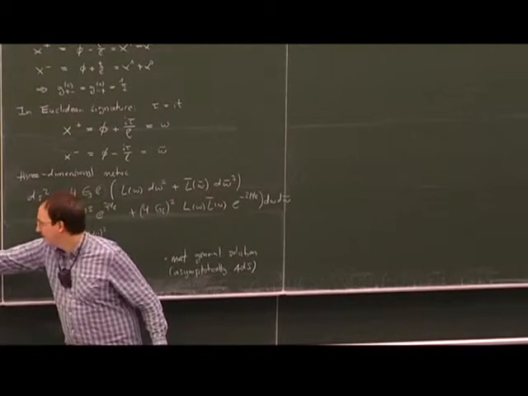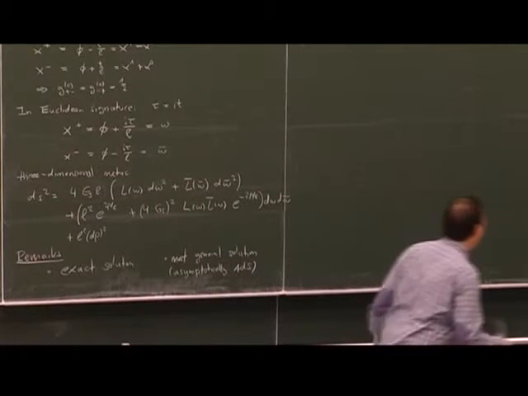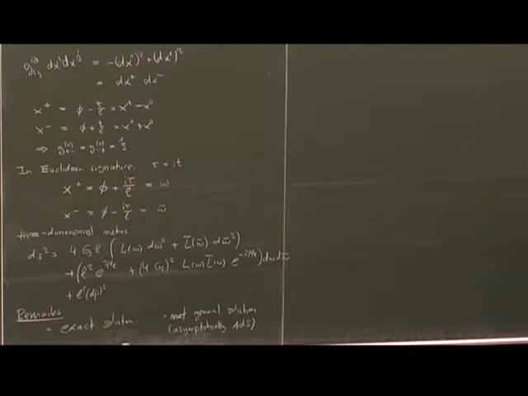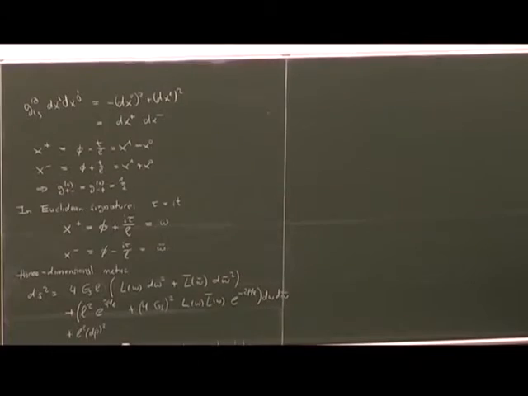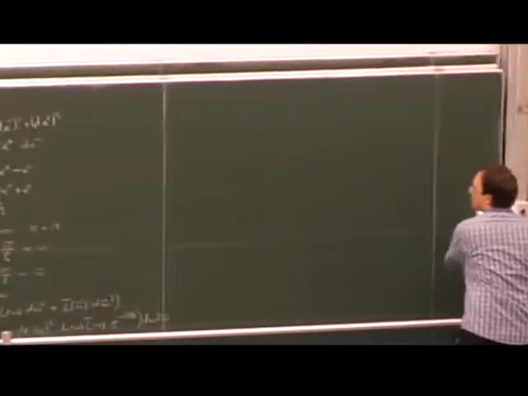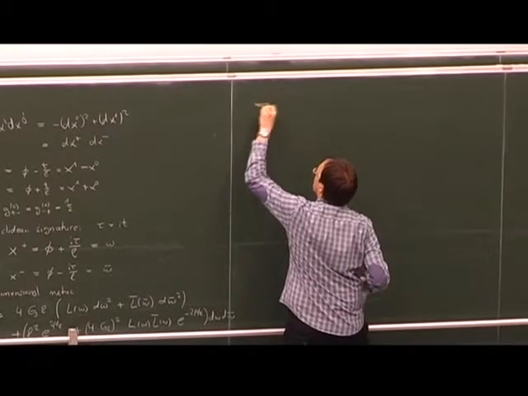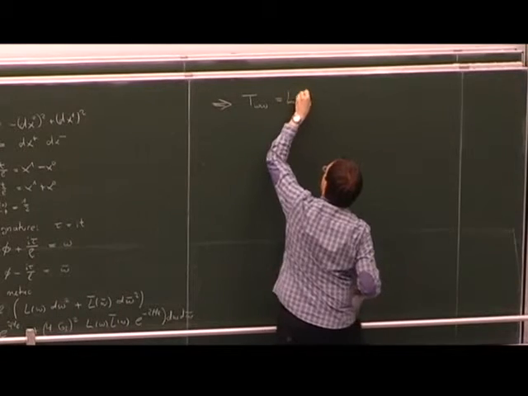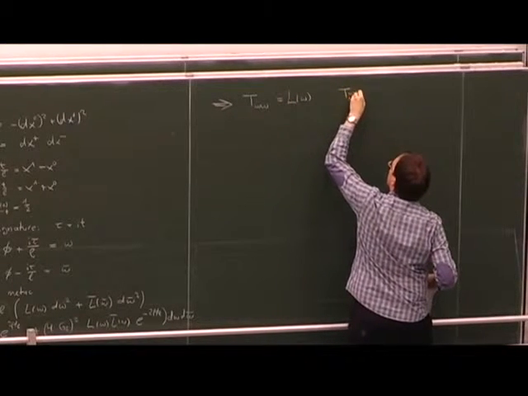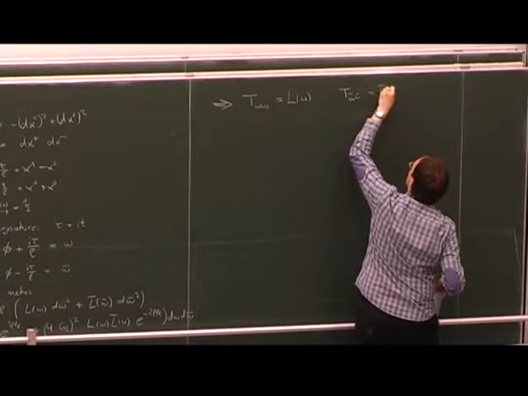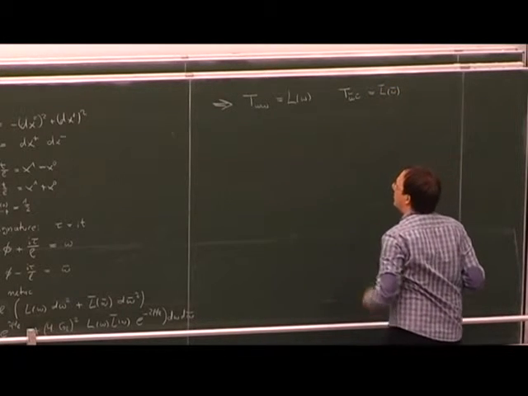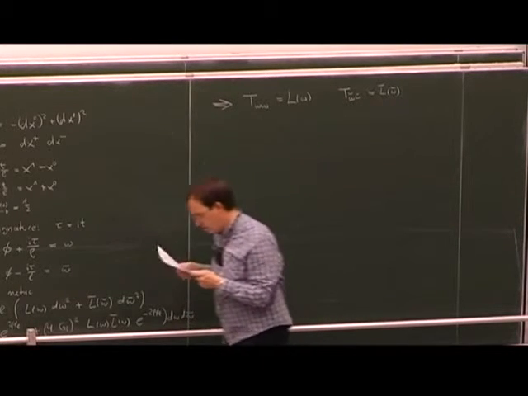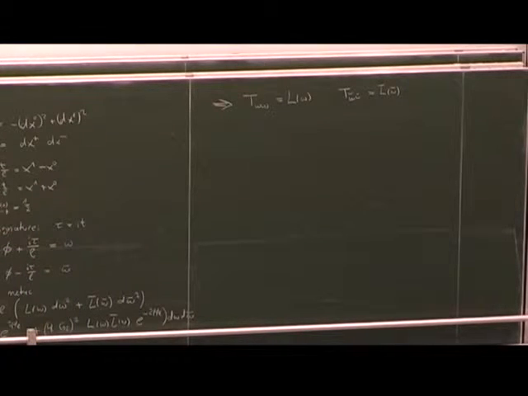So if you don't believe this here, then you don't believe what I'm writing down now. But otherwise, just accept it. And of course, the energy momentum tensor is traceless, so there is no T of W W bar term.